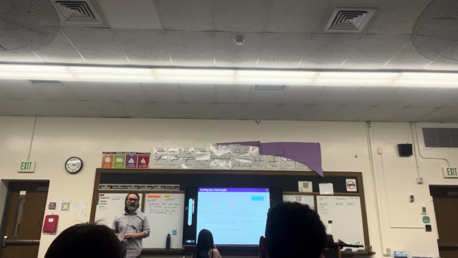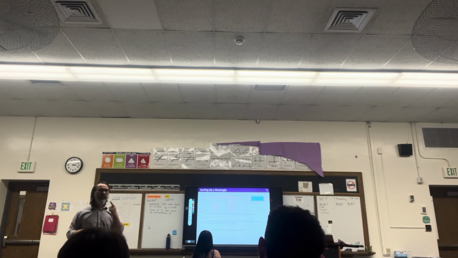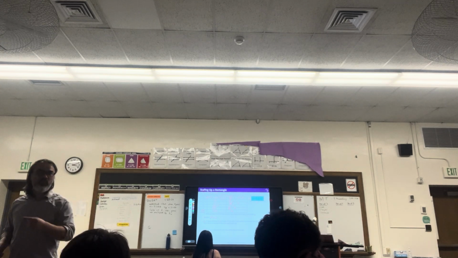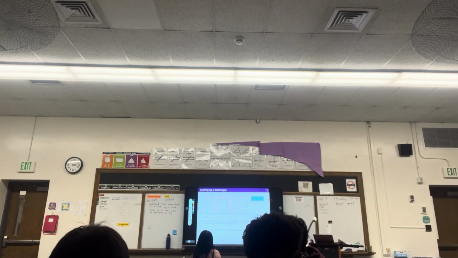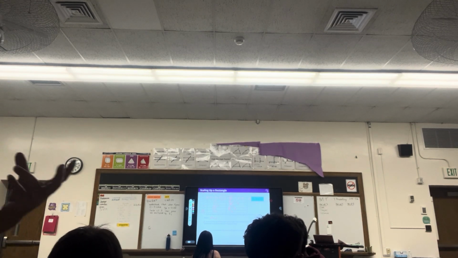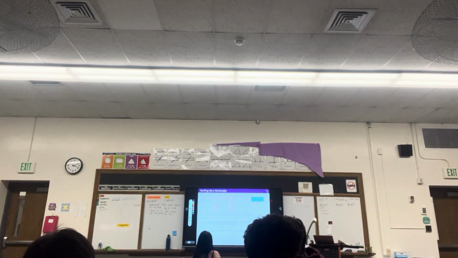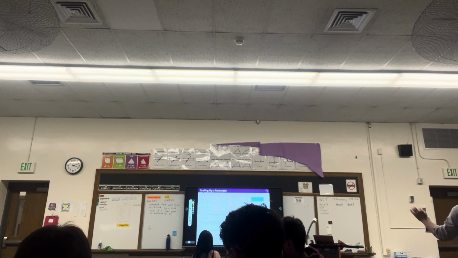Take a minute. What do you guys think this new length would be? What would we need to multiply together? What did you guys do to get the new side length? By what?